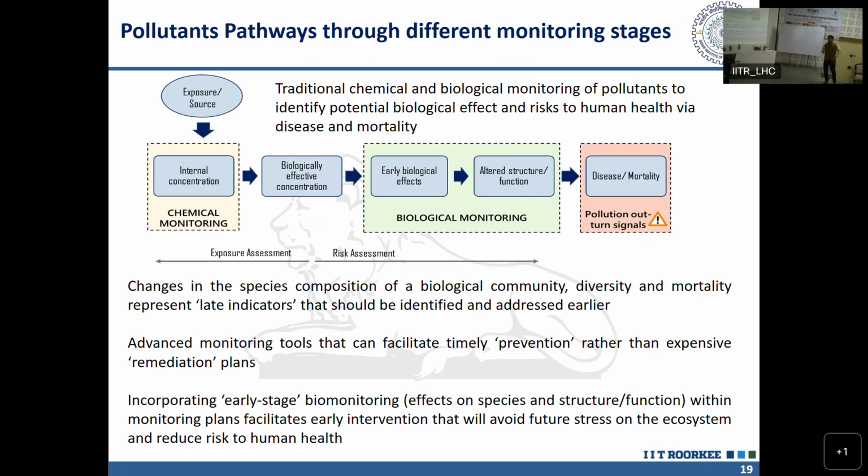And later on, this impact spreads to other species, and then it affects the entire ecosystem. So if we can identify the pollution episode, the contaminated site, well before it impacts the entire ecosystem, we can apply early intervention. We can save a lot of cost for the remediation of these polluted sites.